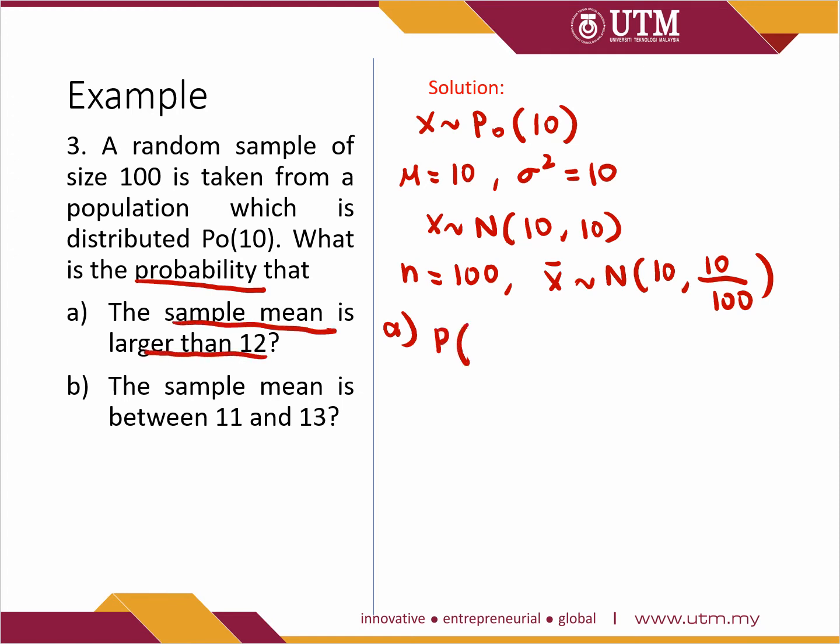So we want to find the sample mean larger than 12, which we can find using the standard normal distribution, Z greater than 12 minus the mean, divided by the standard deviation, square root of 10 over 100.